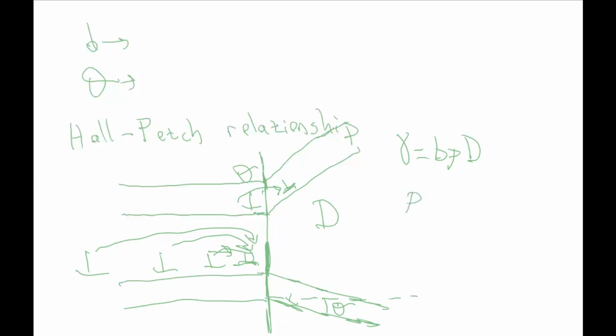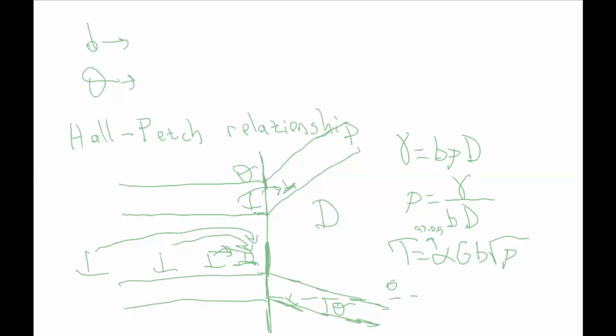Therefore, the total dislocation density, mobile and immobile, can be calculated as gamma divided by B times D. And we have a classic formula: shear stress is a constant alpha between 0.3 and 0.5 times the shear modulus G times the Burgers vector B times the total dislocation density rho.